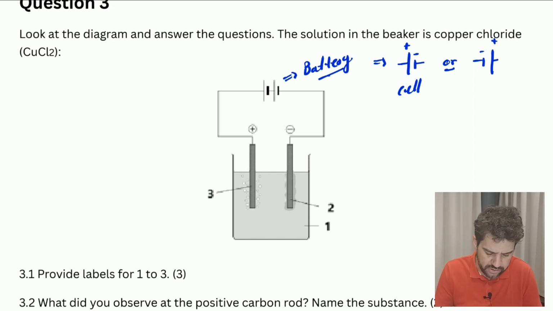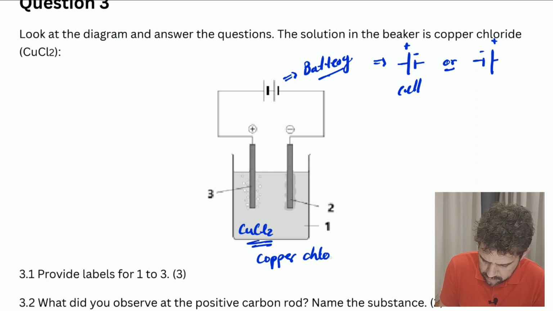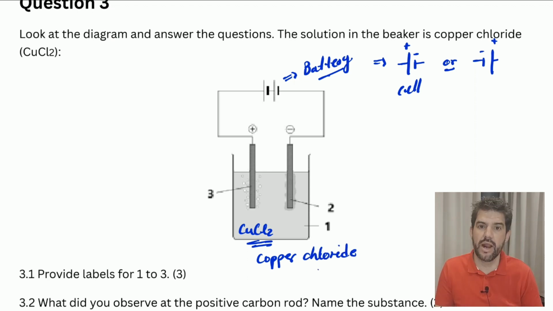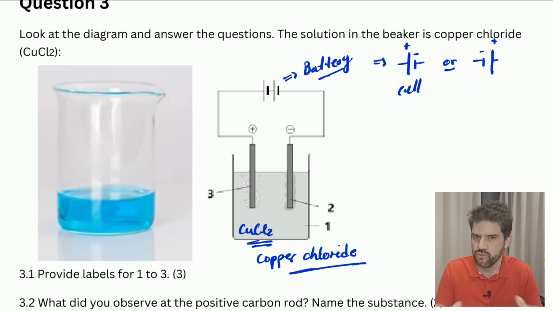Now, the first question says provide labels for 1, 2, 3. What is number 1? That is the solution that you have in there. This is the solution of copper chloride, CuCl2. It is a green, bluish solution. Eventually, we can do an experiment for you to see.